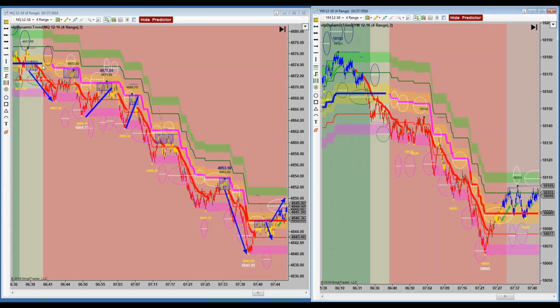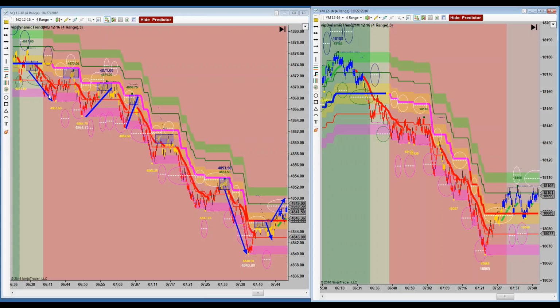The trade-off is you get more volatility and larger moves on NASI, generally speaking, versus a YM move. This move on YM is probably half the move on NASDAQ. Let's do some quick calculations. 74 down to 40. 34 times 4 is 120 ticks was this drop right here.